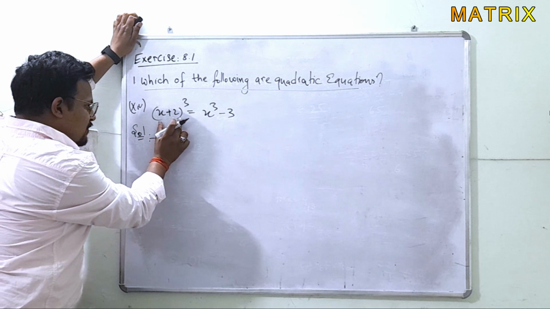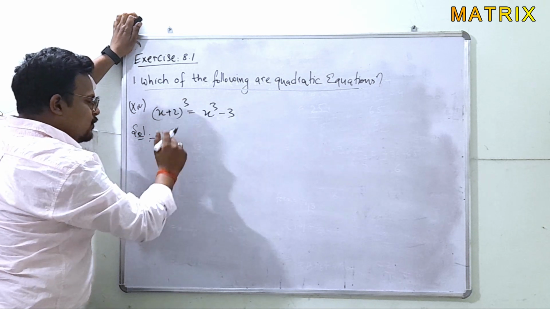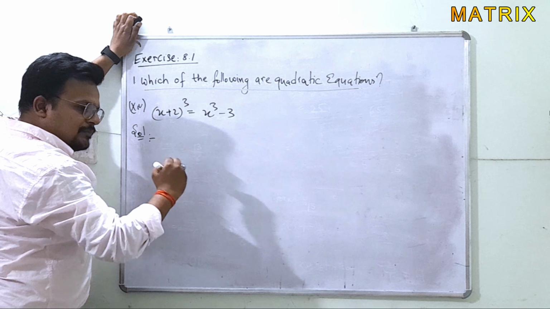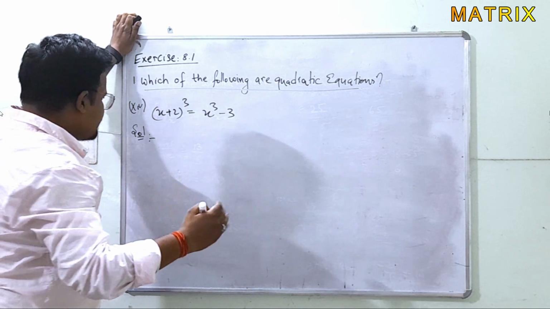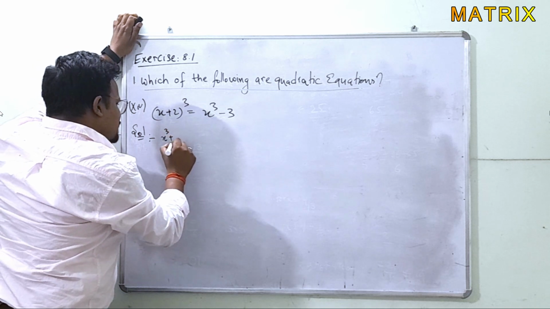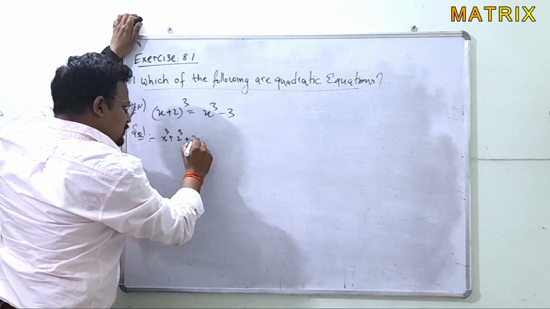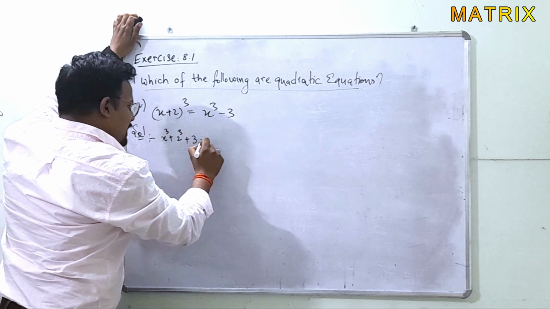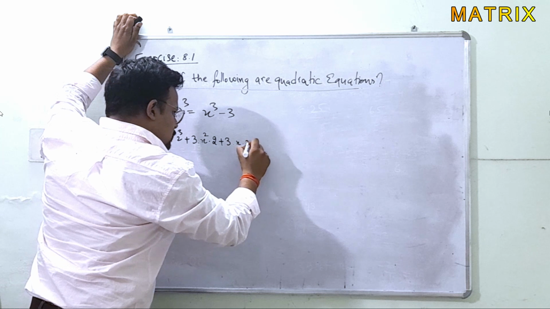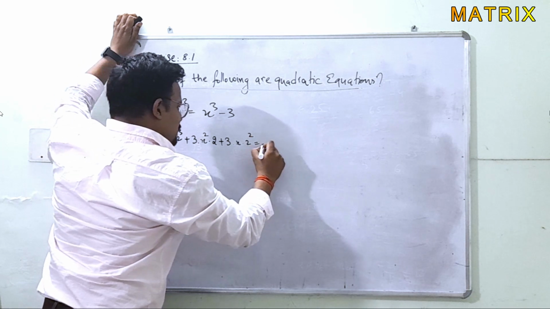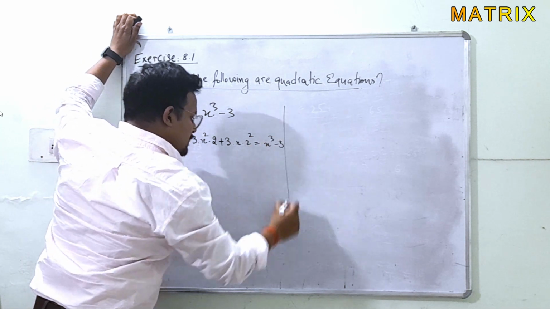When we open this, a plus b whole cube will be a cube plus b cube plus 3 a square b plus 3 a b square, so that will be x cube plus 2 cube plus 3 multiplied by x square multiplied by 2 plus 3 multiplied by x multiplied by 2 raised to power 2, and that is equal to x cube minus 3. Yes or no?